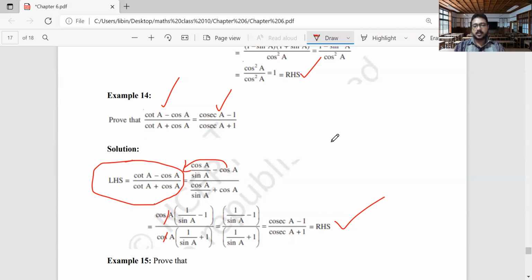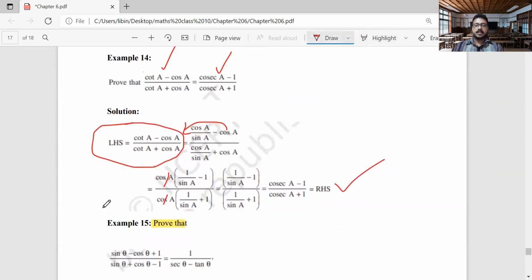Now another question. Prove that sin theta minus cos theta plus 1 the whole divided by sin theta plus cos theta minus 1 is equal to 1 by sec theta minus tan theta. Okay, and just look at the question.